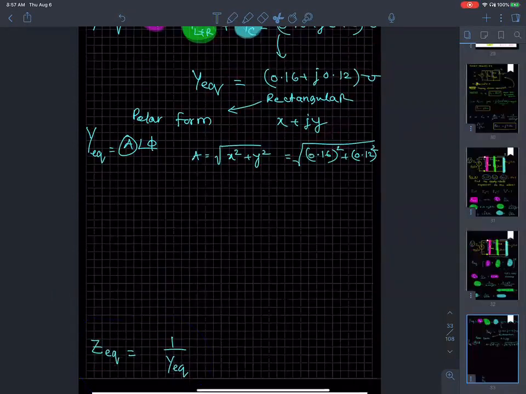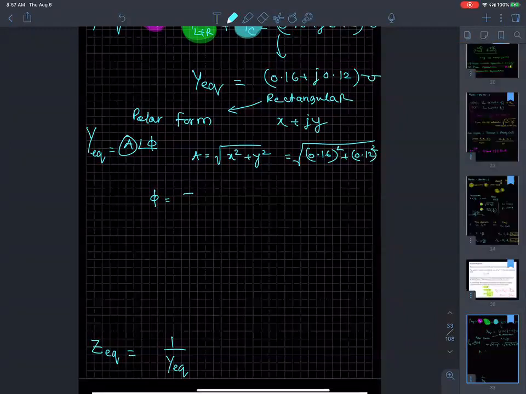Therefore A is going to be the square root of 0.16 squared plus 0.12 squared, and then the angle is going to be... anybody remember the expression I gave for angle? Let's go back and see what I have written.